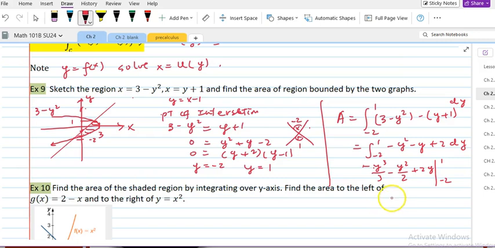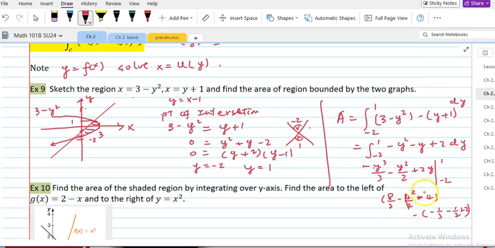Negative 2 would be negative, so it'll be 8 over 3 minus 4 over 2 plus, minus 4. Minus 1 will be negative 1/3 minus 1/2 plus 2. So 16 minus 12. Oh, so this is a 2, right?